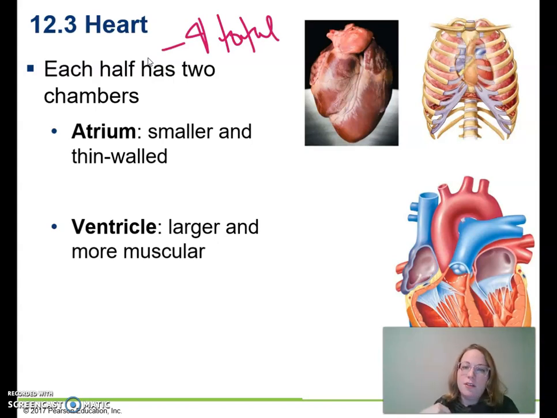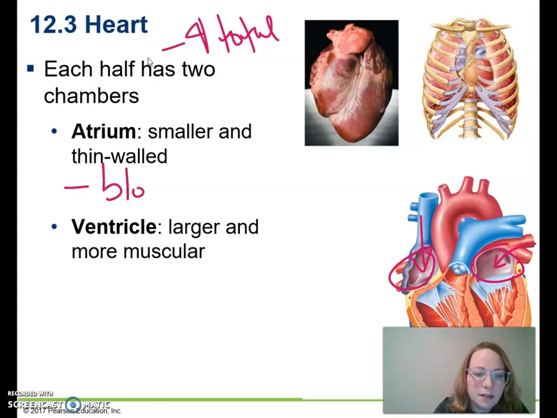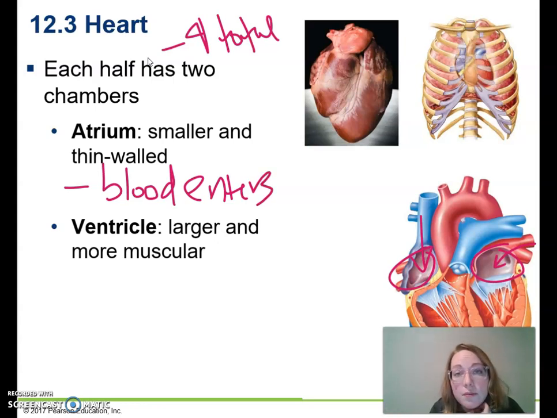Fun fact. Okay. So on the top on each side, we have blood flowing in. Those smaller superior chambers are the atria. So blood enters through the veins, from veins.